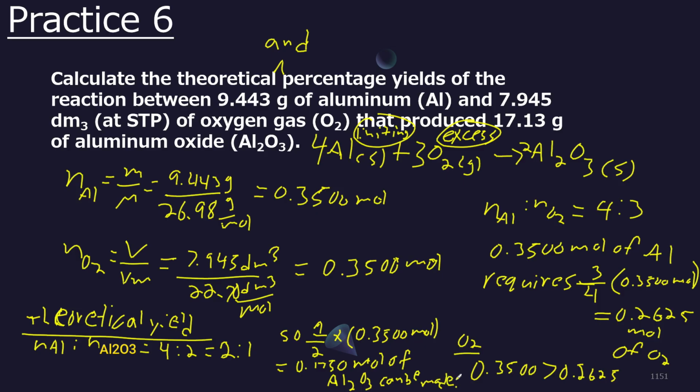Okay, so that's the theoretical yield, the first part of that, but we also need the percentage yield because we do have an experimental amount that was produced, 17.13 grams. So I'll just move up to the top here. Experimental amount.